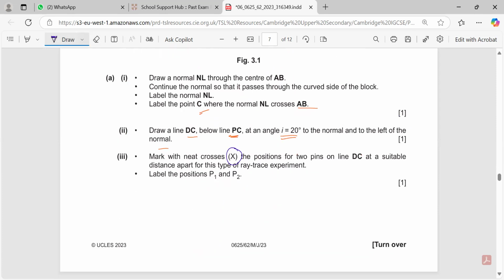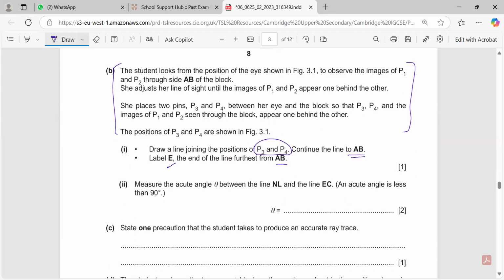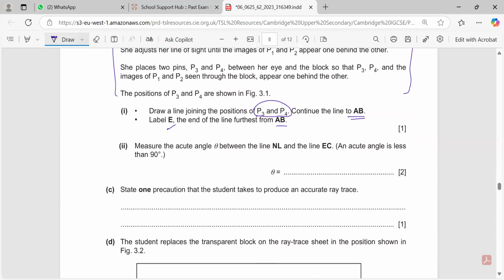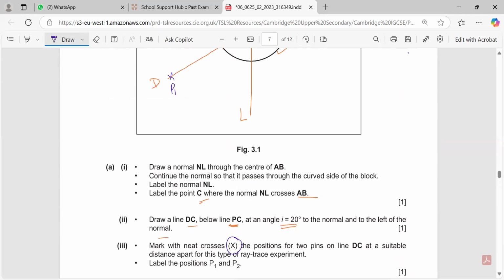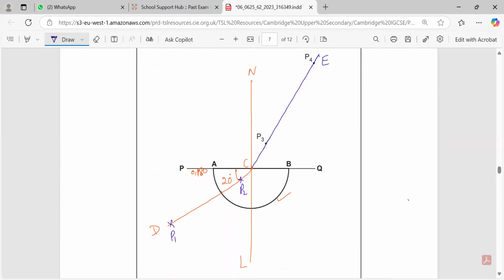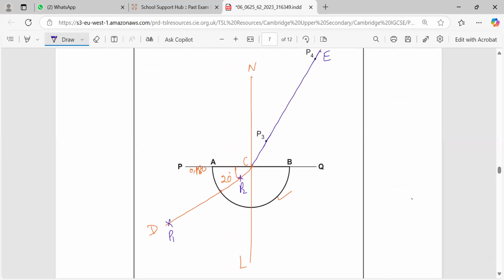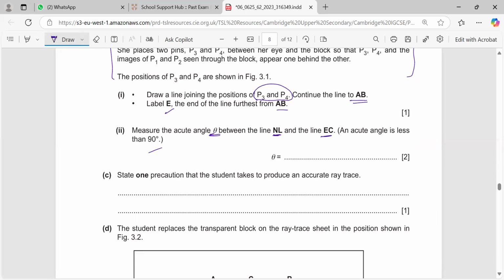Then, my dear friends, let's keep on moving forward. Nothing from our side, just the instruction from the examiner. Measure the acute angle theta between the line NL and the line EC, and an acute angle is less than 90 degrees. That's what I think.